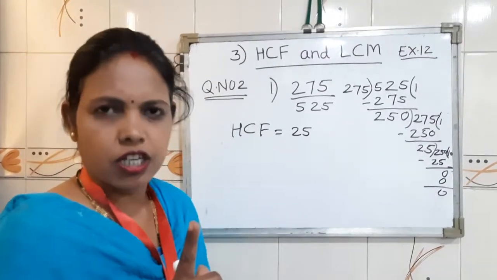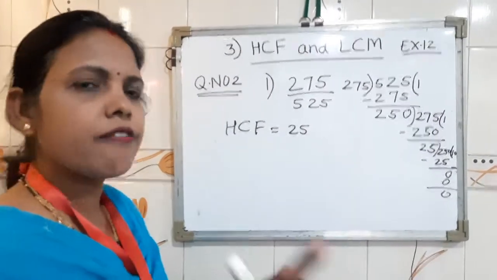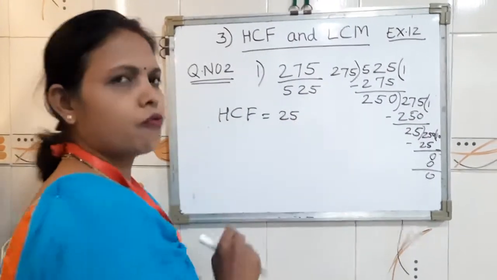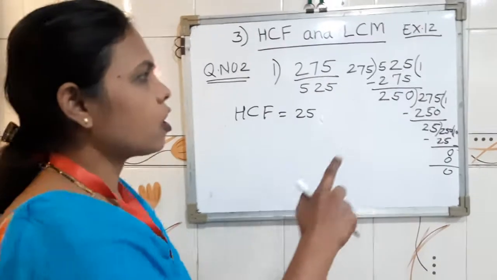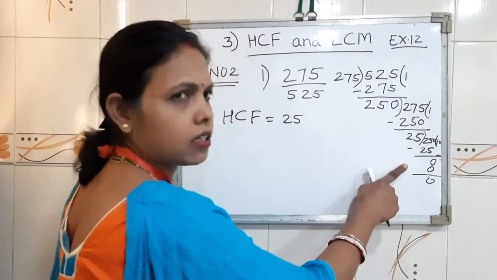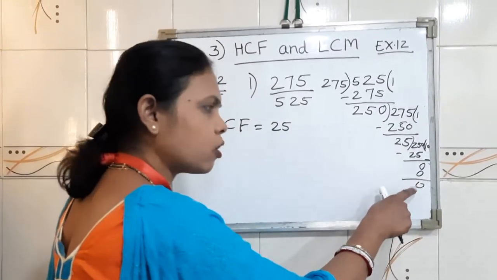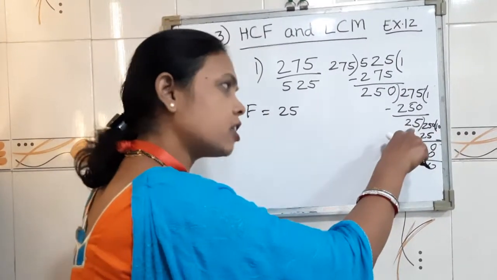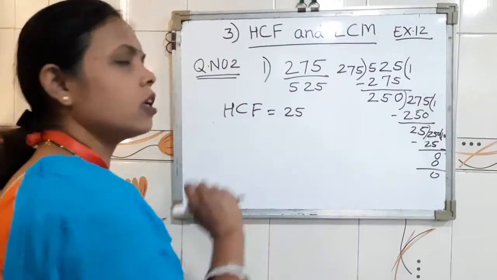Your first question was, what is the HCF for the numbers 275 upon 525? Therefore, you divided, and where you got remainder 0, that divisor will be your HCF.